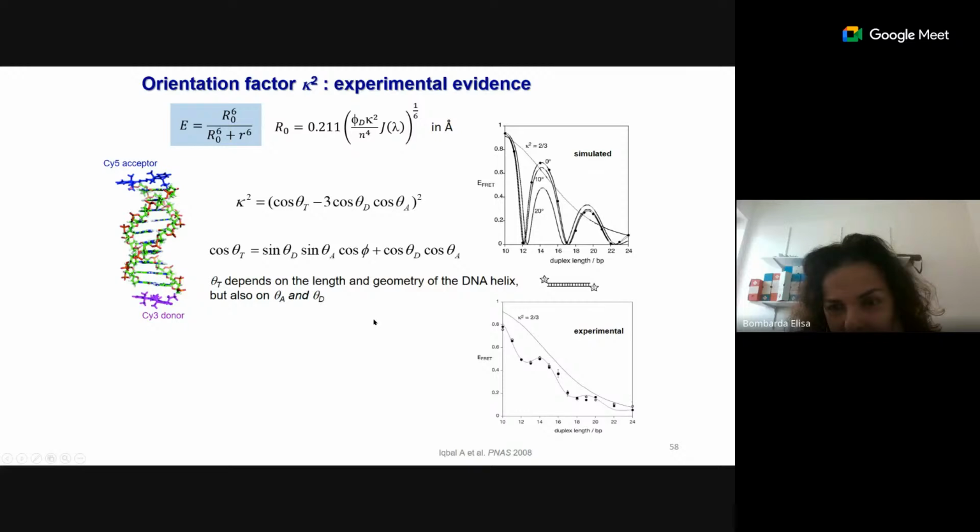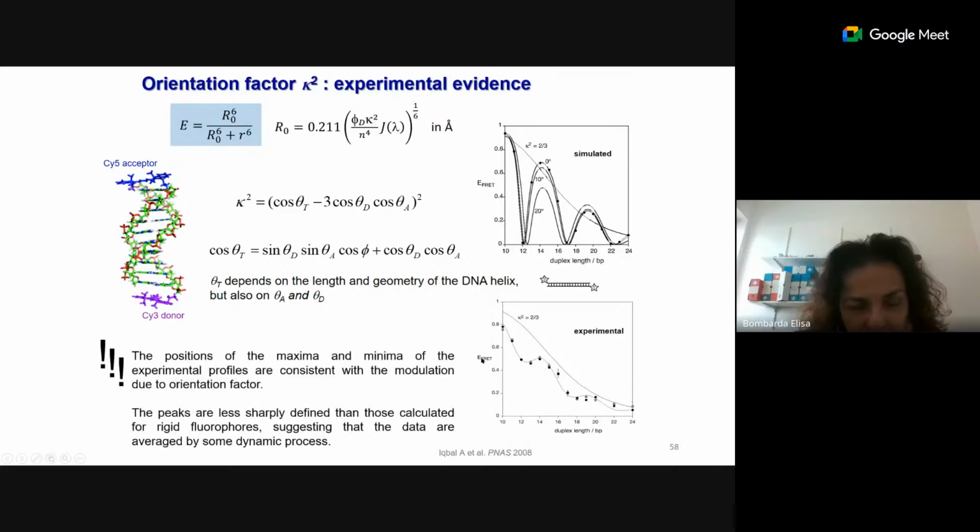And very interesting, it was observed that the efficiency of transfer between the two dyes was modulated as a function of the number of duplexes. So practically it was modulated by the orientation between the dyes.